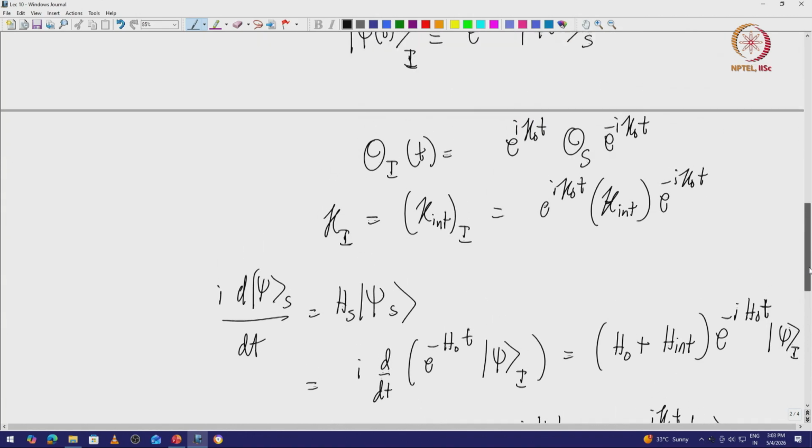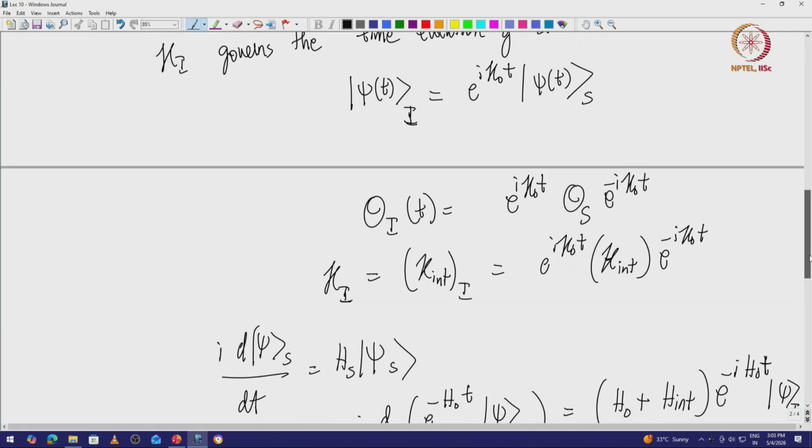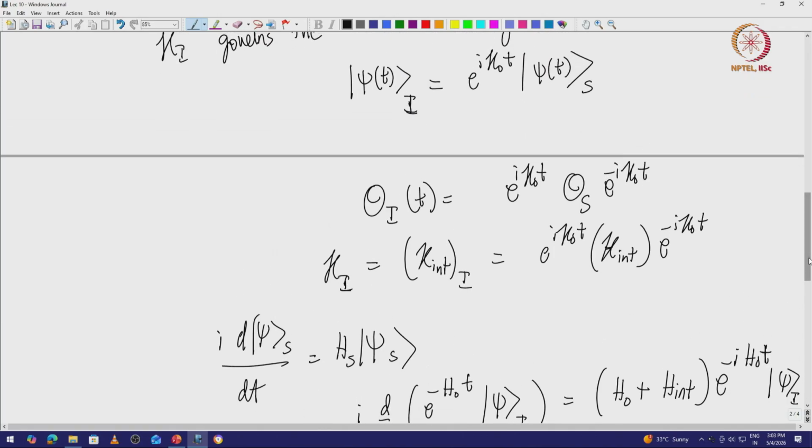What I did here looks a bit formal. I did not do much. I defined how to move from the Schrodinger picture to the interaction picture by this formula. Then I also moved the operators into the interaction picture. The same thing applies for H interaction.